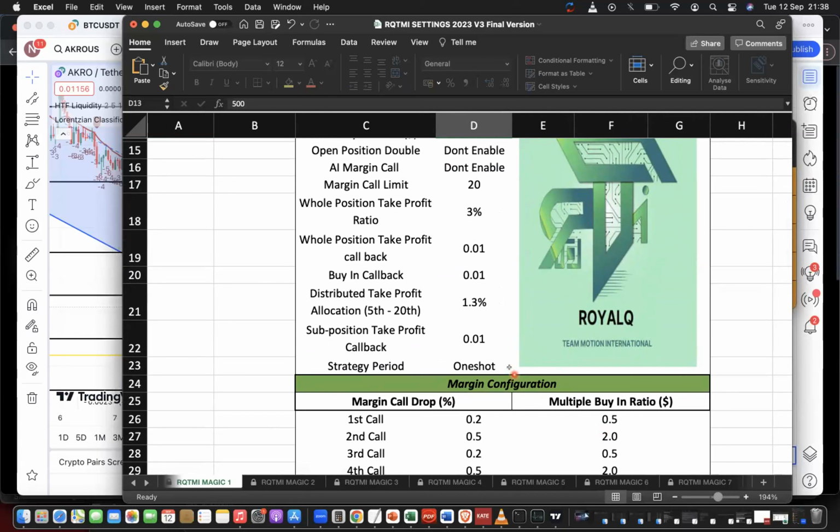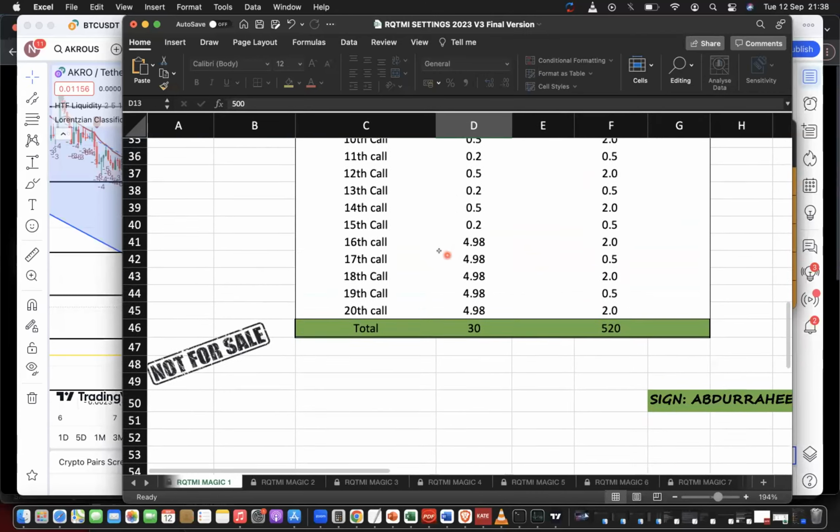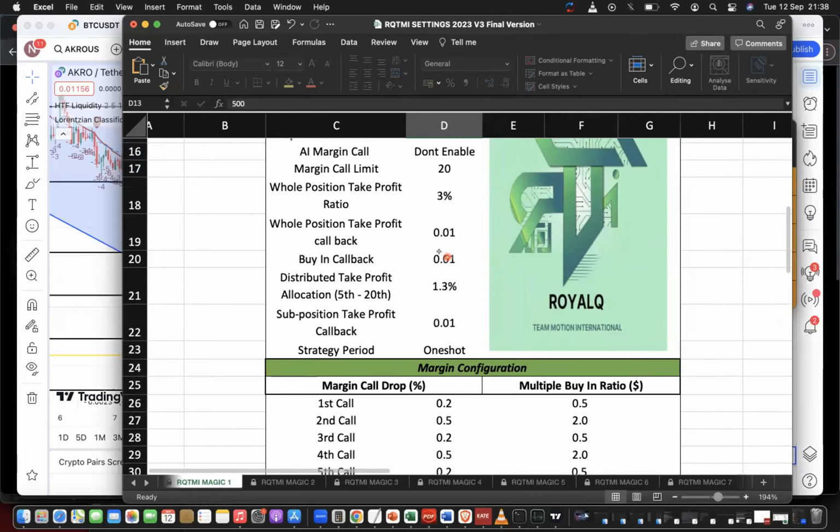Once you save it, when you get a signal for a particular coin, go to that coin that's giving the signal, go to trade setting and import the settings you've saved already. Boom. Once you import the settings, you enter your signal trade super fast, you are in the game. That's how easy it is.